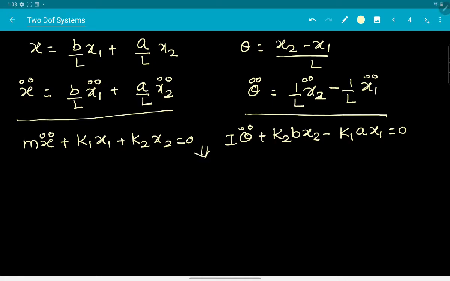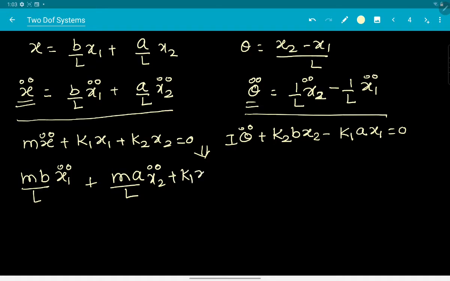Now I'll be putting these values of x double dot and theta double dot in these equations. If I do so, then I get m b x1 double dot by L plus m a by L into x2 double dot plus k1 x1 plus k2 x2 equal to 0.